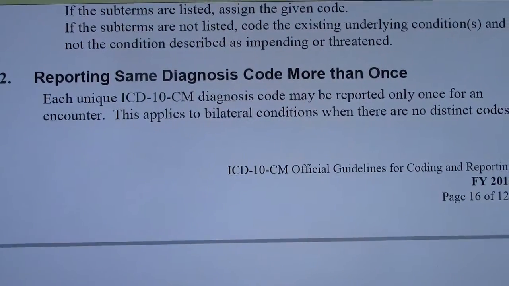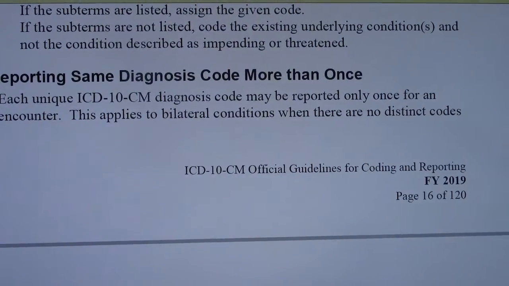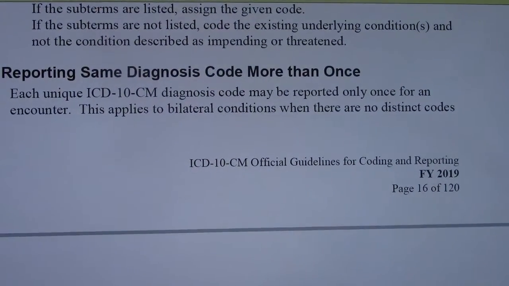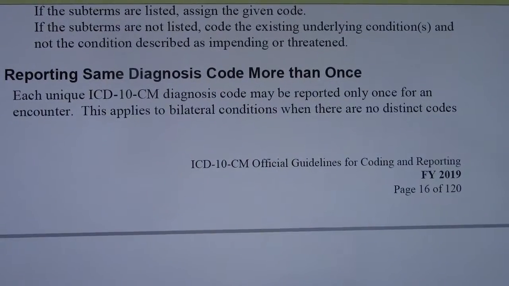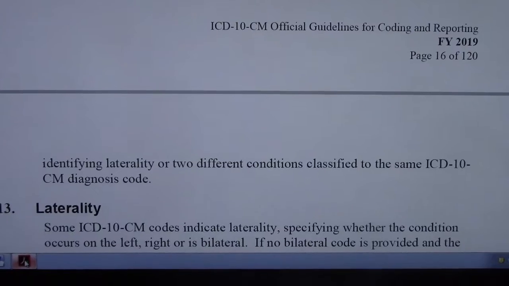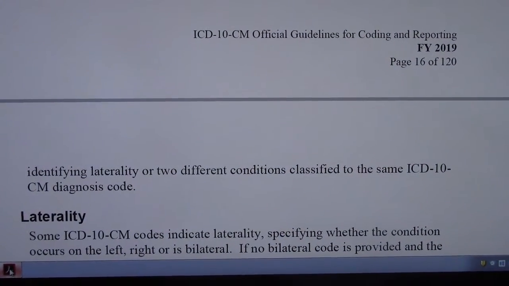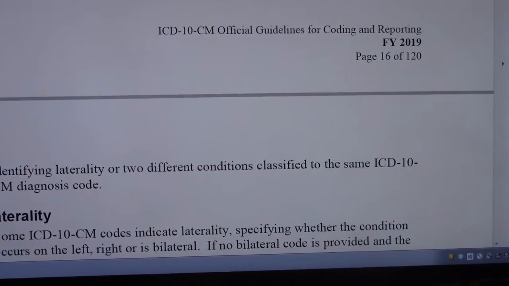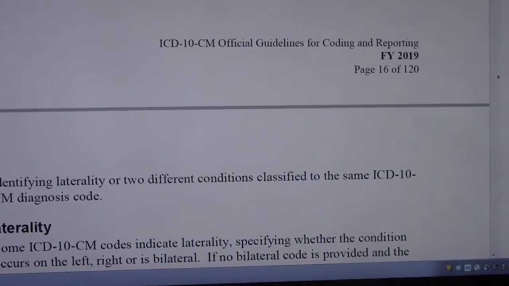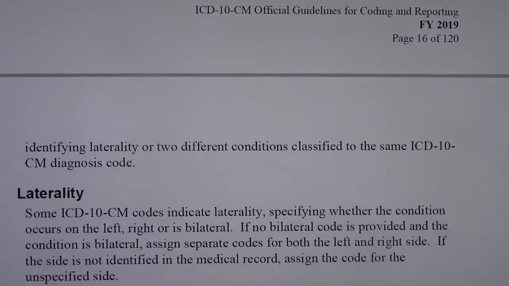Each unique ICD-10-CM diagnosis code may be reported only once for an encounter. This applies to bilateral conditions when there are no distinct codes identifying laterality or two different conditions classified to the same ICD-10-CM diagnosis code. So let's go right on into 13, where all of this will come together.